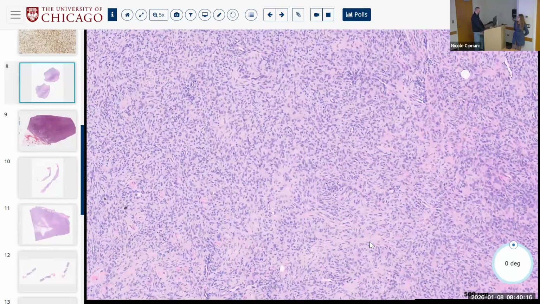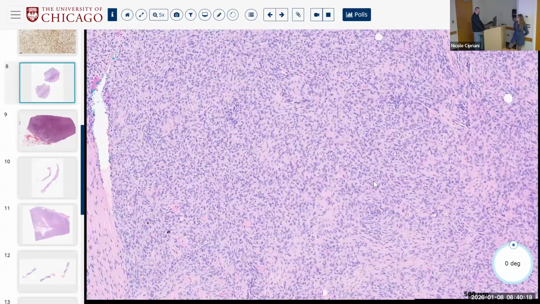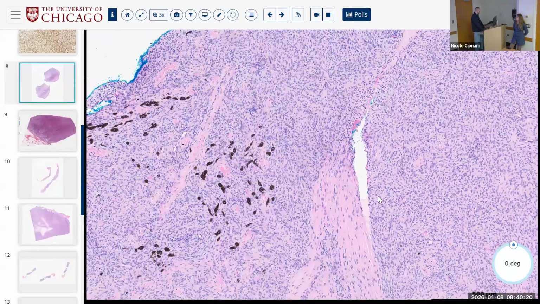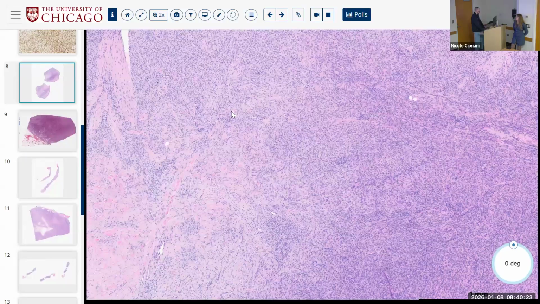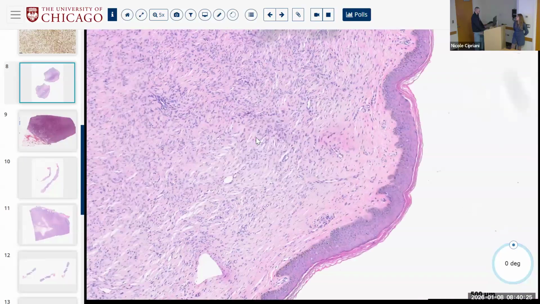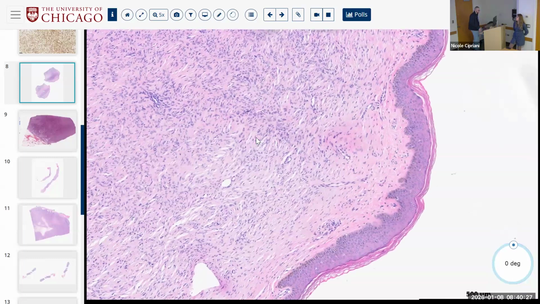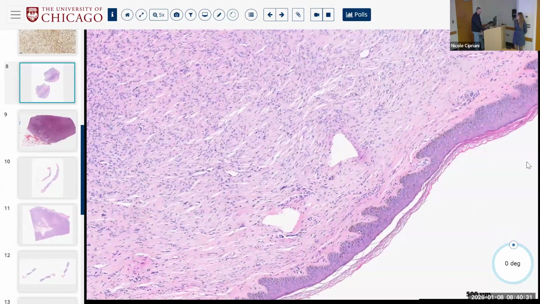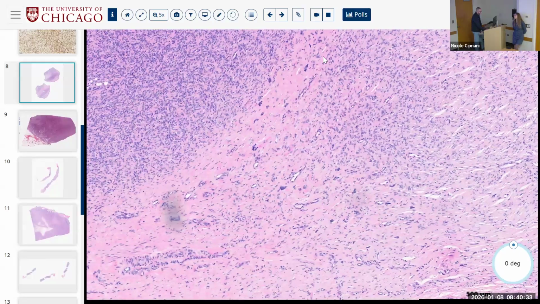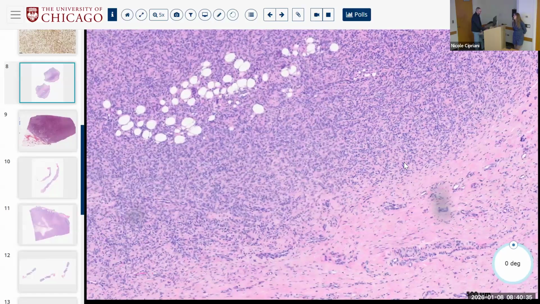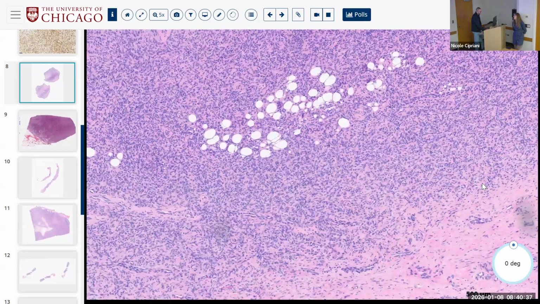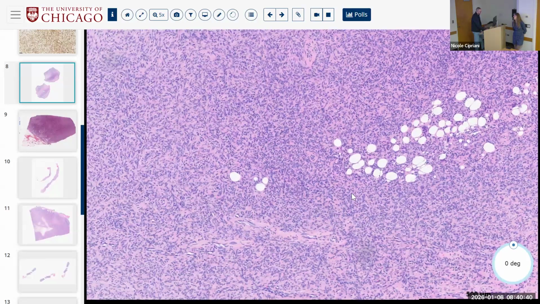You mentioned something earlier, which was that it's both superficial and with deep extension. So with a spindle cell neoplasm involving skin and deep, what should you always say? DFSP. Probably would throw on some melanocytic markers as well, just given the pigment that we saw.